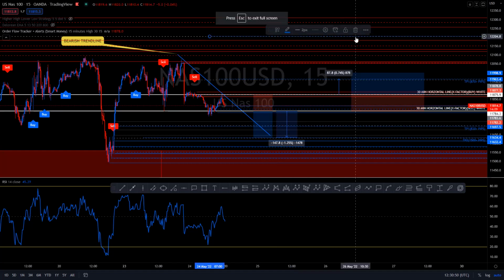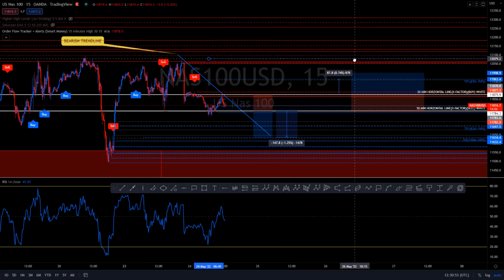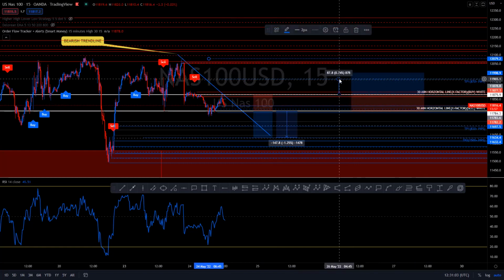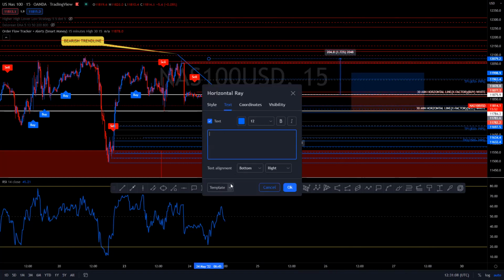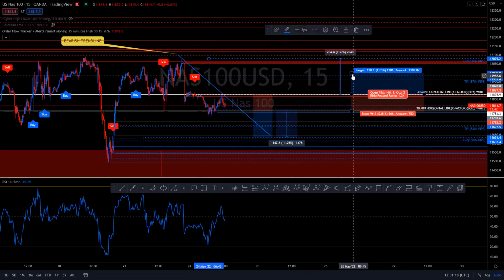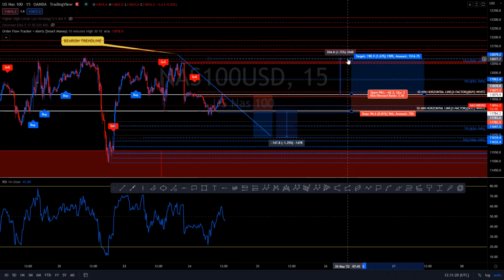That was about... probably use this as TP2, over 2,000 plus pips. And then I'm going to put my risk to reward all the way up here. Now, that's what I'm going to do.